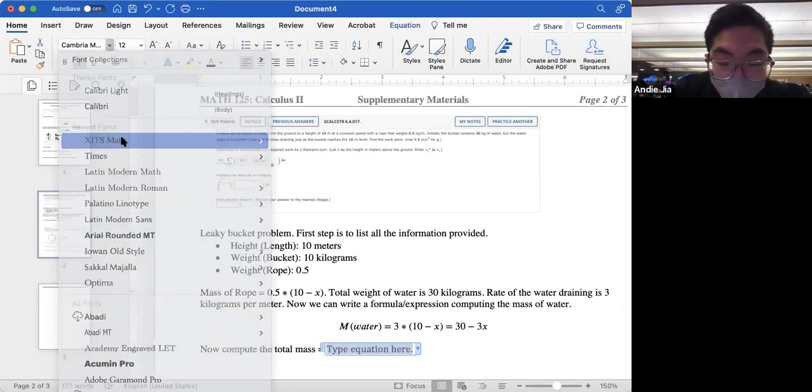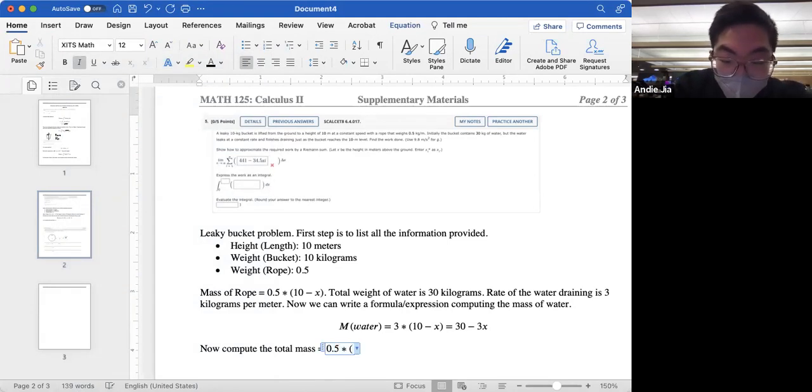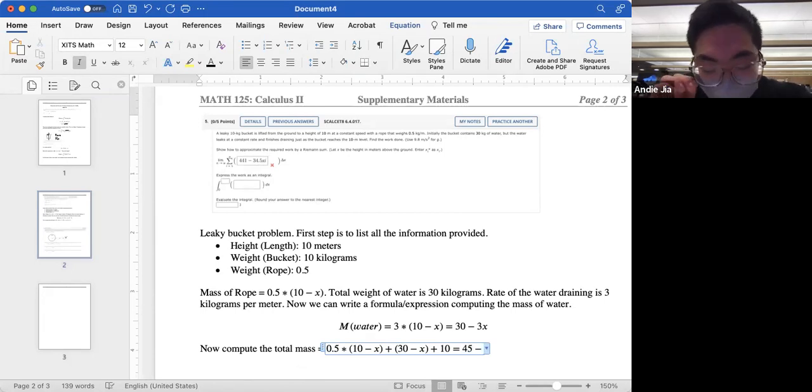So 0.5 multiplied by 10 minus x, plus the bucket mass, plus the water, 30 minus 3x, and plus the bucket mass, which is 10. It's going to be 45 minus 1.5x.